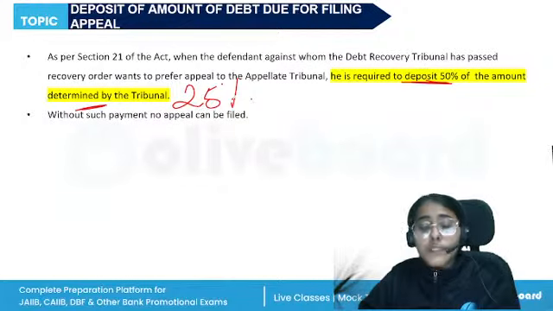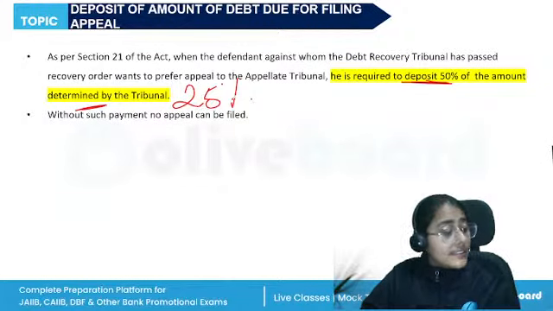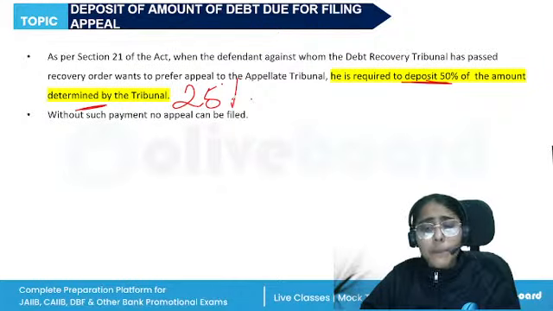So, for the purpose of discharging their functions, the same powers of a civil court under the Code of Civil Procedure have been vested. And such powers are in respect of summoning and enforcing the attendance of any person, examining them on oath, requiring the discovery and production of documents, receiving evidence on affidavits, issuing commissions for examination, and so on.